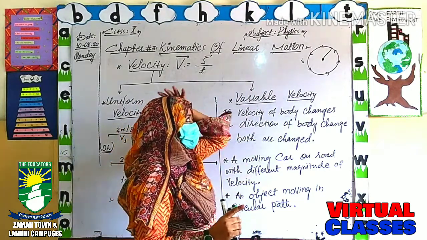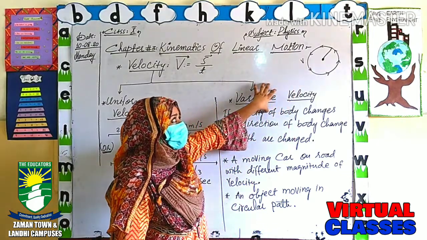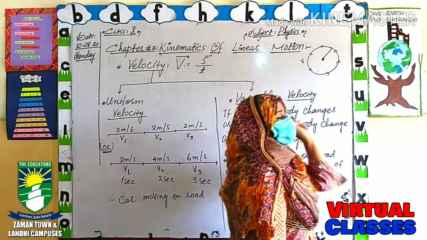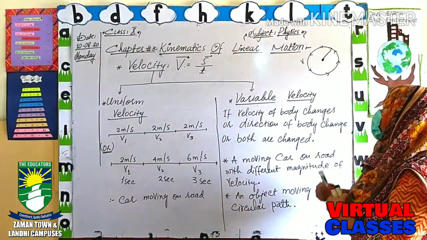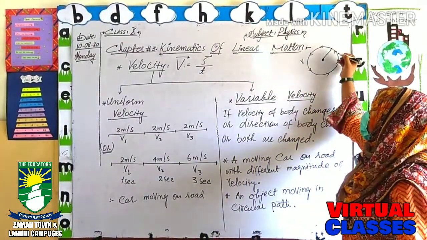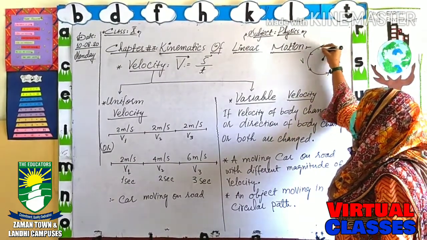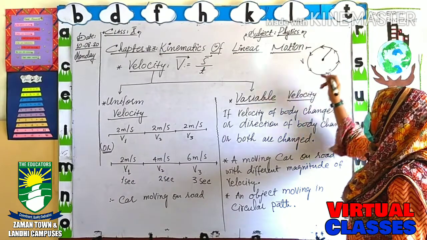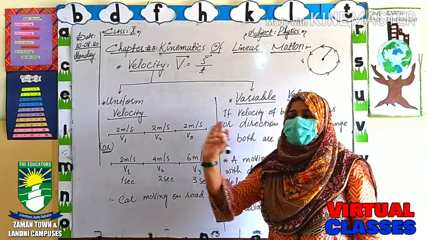Why am I saying the circular path movement is an example of variable velocity? In this case, the speed will remain the same, but the direction of the object is changing at every point. If it is moving in the circular path, the direction is not constant. It's not moving in the same direction.